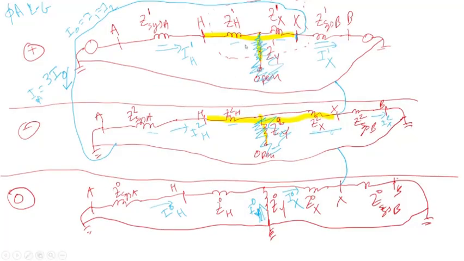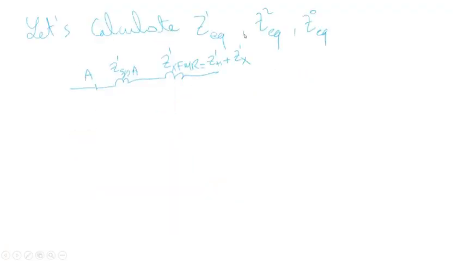Instead of writing Z1H and Z1X, I'm just writing the impedance through as one impedance, because sometimes the positive sequence and negative sequence equivalent T model may not be available. You might just have one impedance.